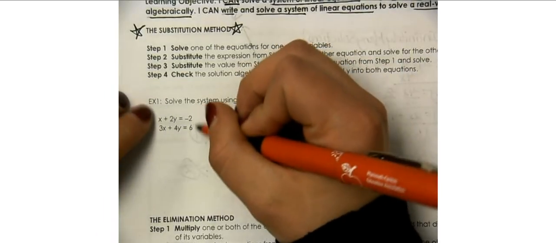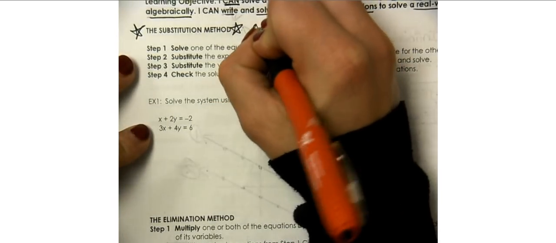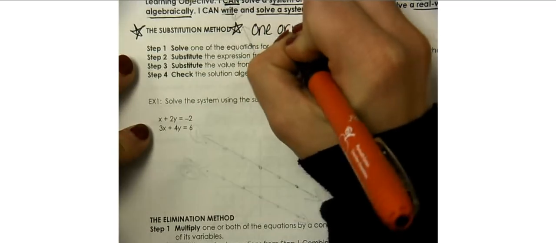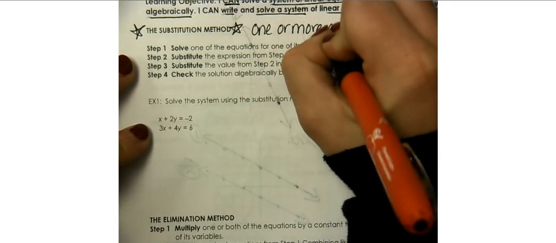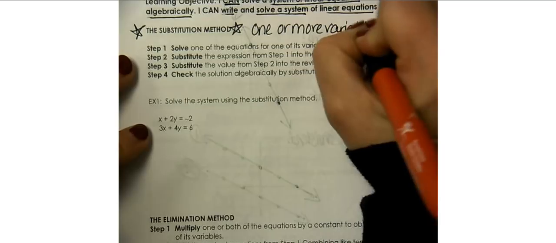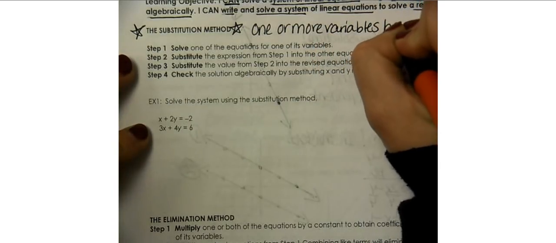I think that the substitution method is the best when you look at your two equations and one or more variables have 1 as the coefficient.